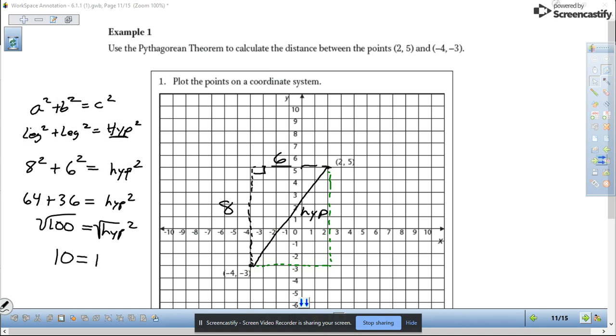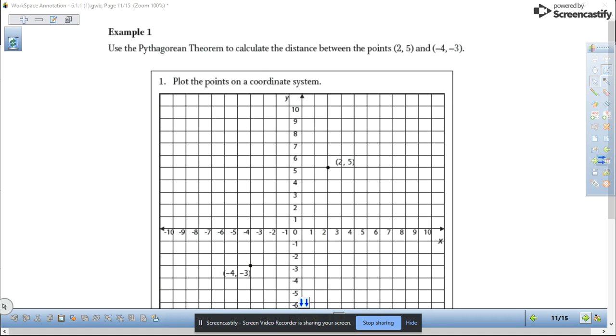I will remind you that if you take the square root of something, it's positive and negative, but we're talking about the length of the line here, so the negative answer doesn't make any sense. We're only going to focus on the positive. All right, next example.